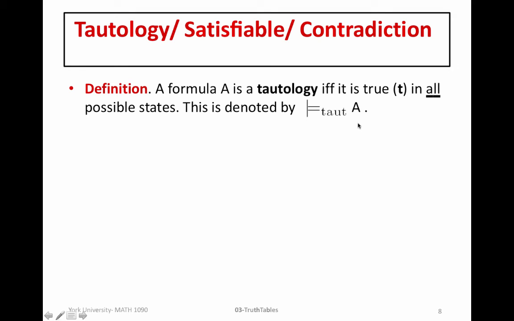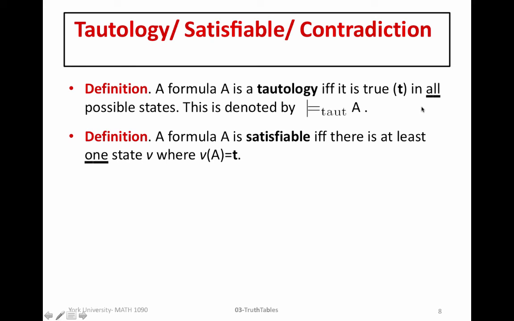Essentially, just as you defined in discrete math, when you construct the truth table and you have the value true in each row, then you knew that that well-formed formula was a tautology. Since each row of our truth table is a different state, and our truth table lists all possible states, this is the same thing.